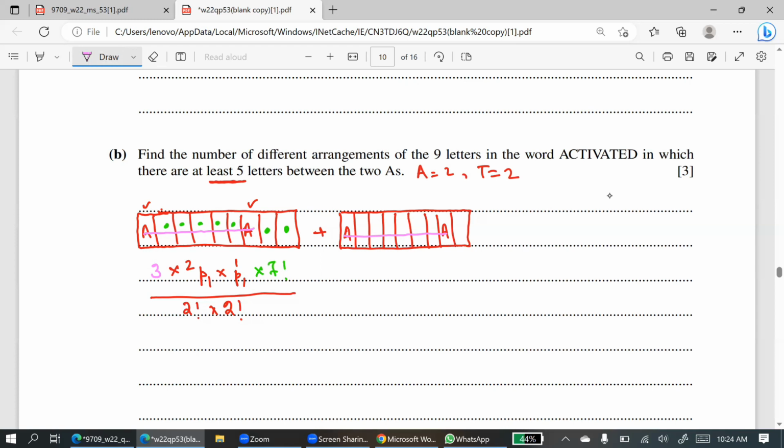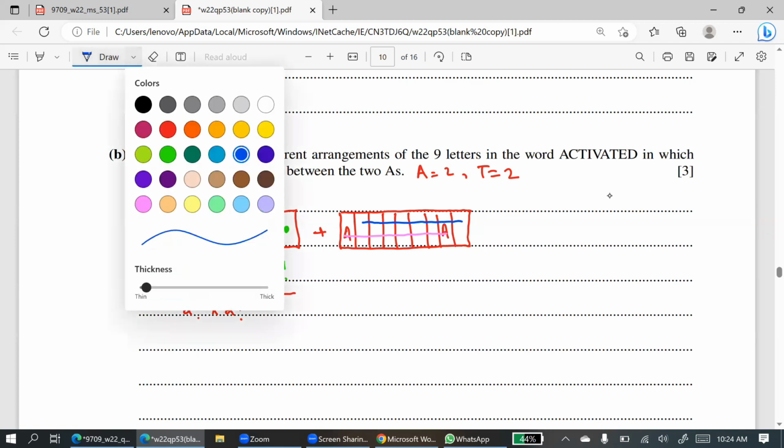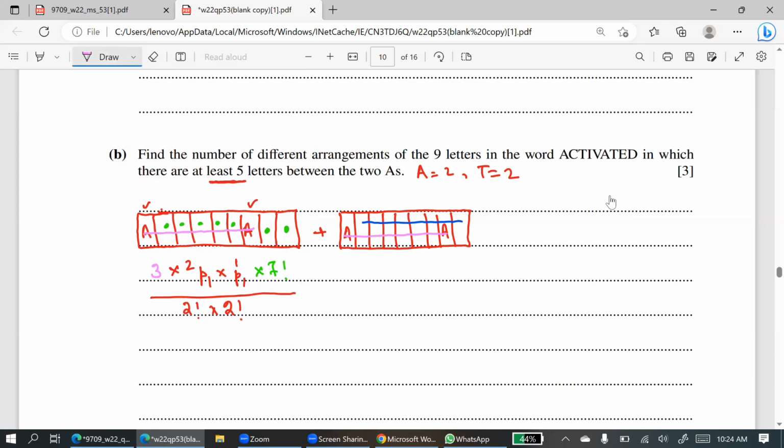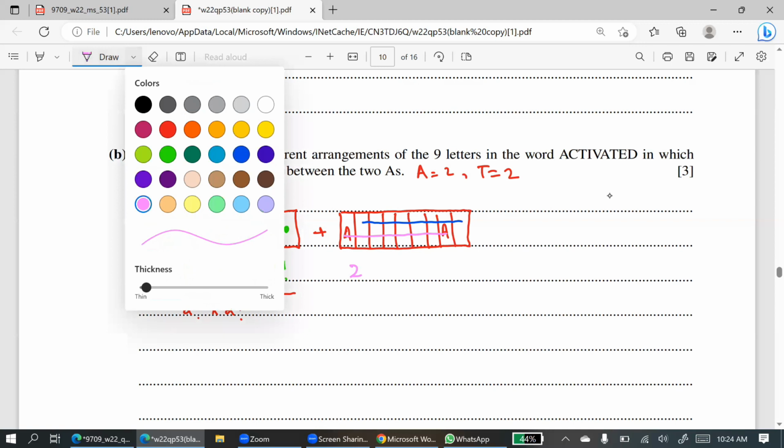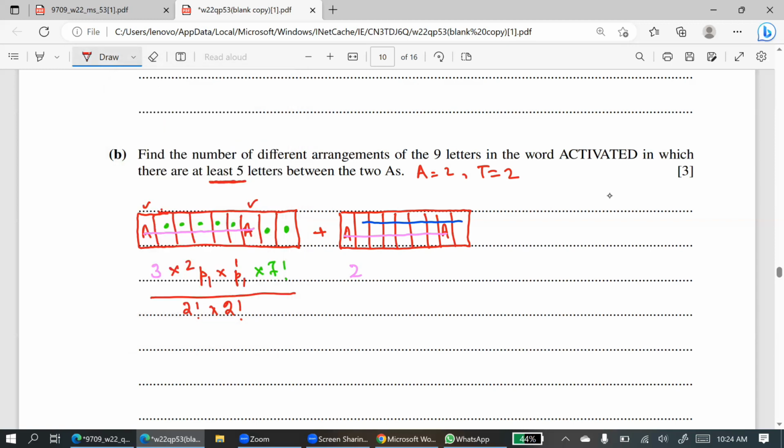It is 2. First position is indicated with the pink, and the second one is this, that is A at the second place and at the last place. So in two ways we can arrange this box of 8 into these 9 boxes, into 2P1 for the first A and 1P1 for the second A.